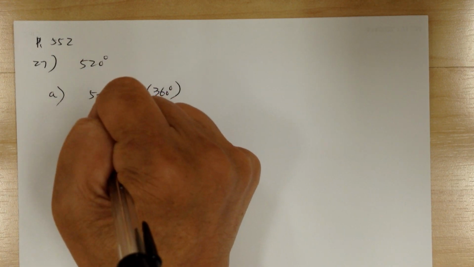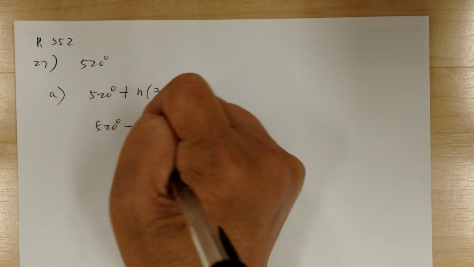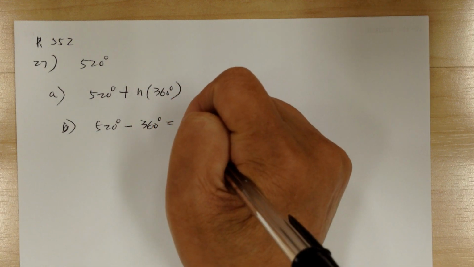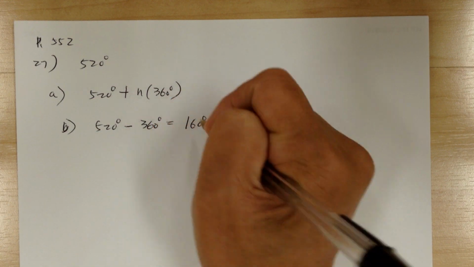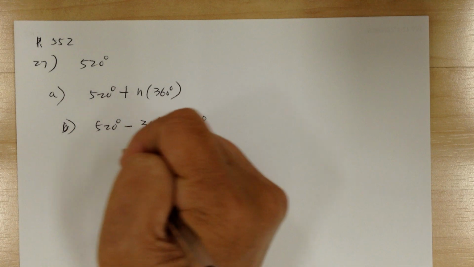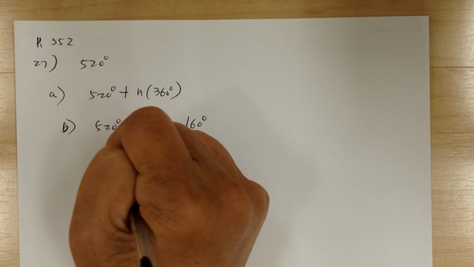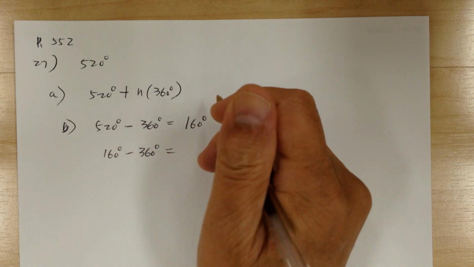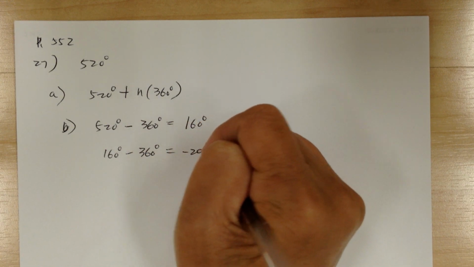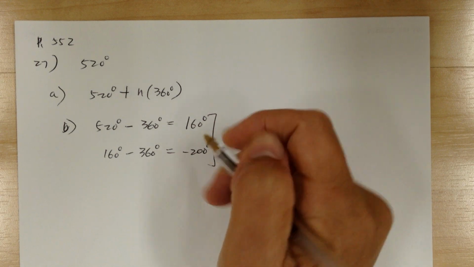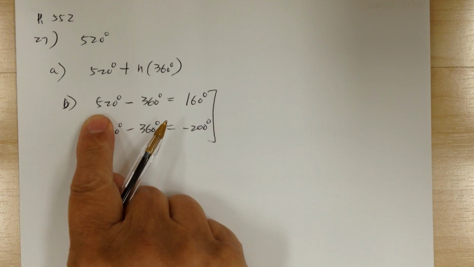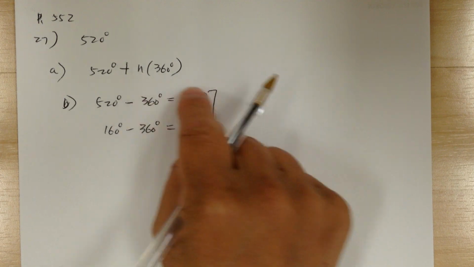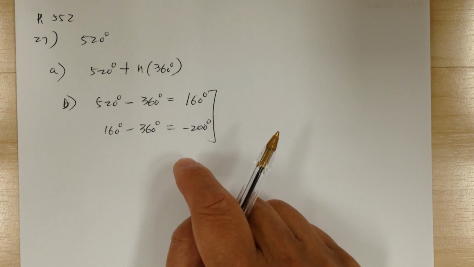If you minus 360, you still get a positive, and you can minus one more time. So 160, you can just keep minusing the 360 until you get one positive, one negative. So they give you negative 200 degrees. If the number is really big, you have to keep minusing until you get close, and then keep minusing until you get to the negative.